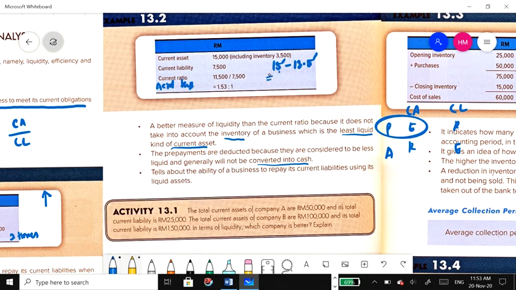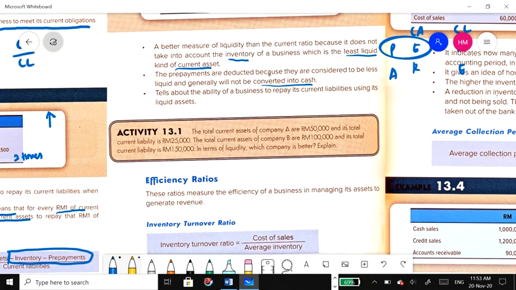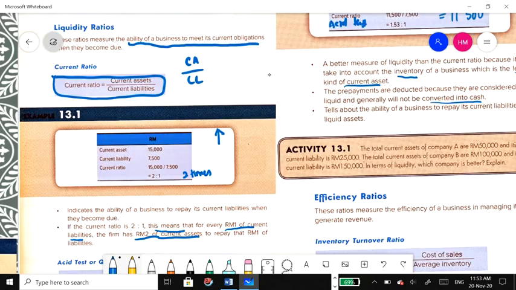Sebab itulah you akan dapat 11,500. So bagi je dengan current liability. So settle untuk you punya liquidity ratio.